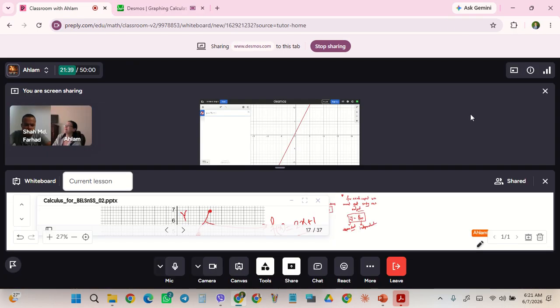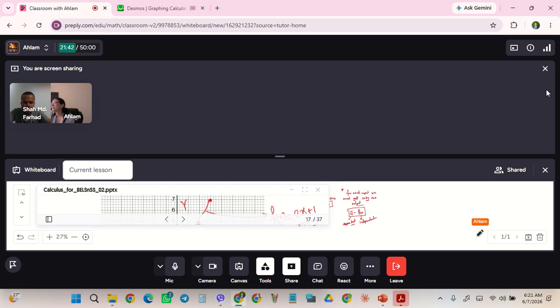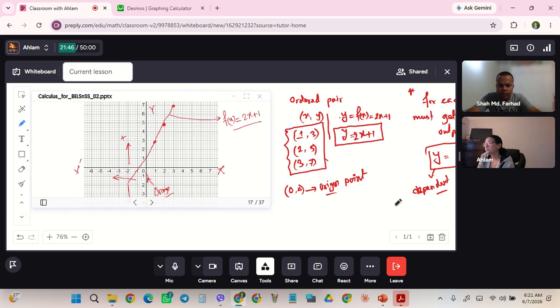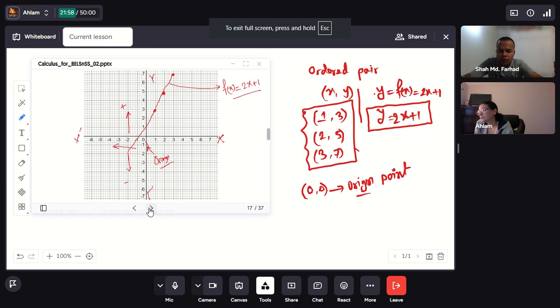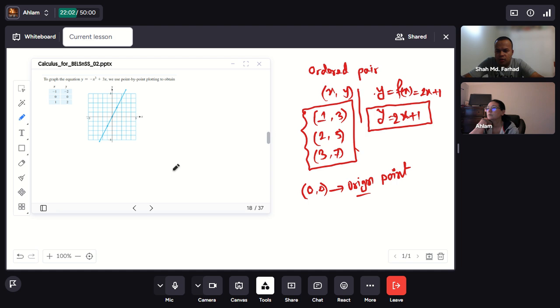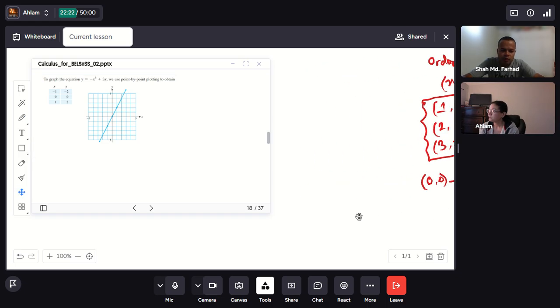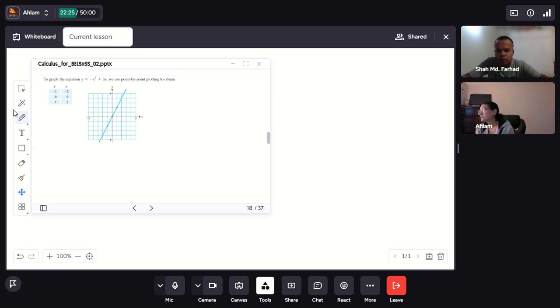Now if we move on, here we are given another equation, that is y equals negative x cube plus 3x.